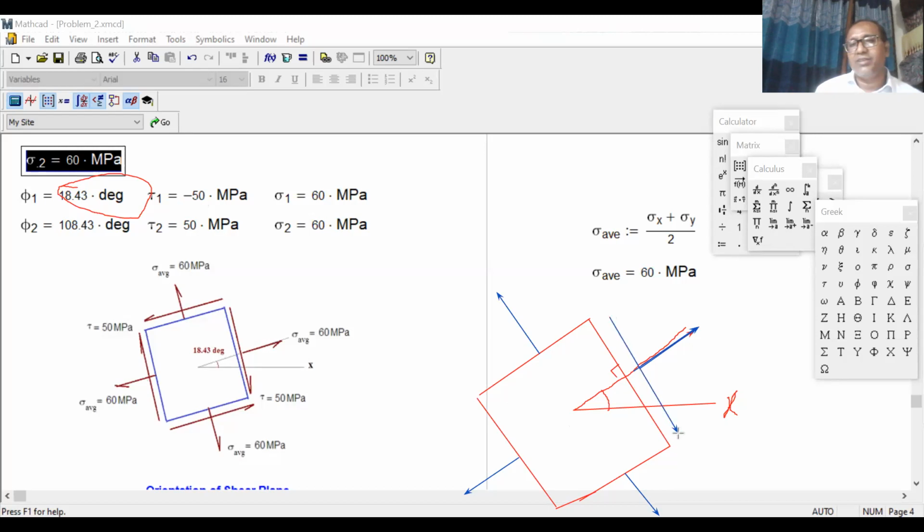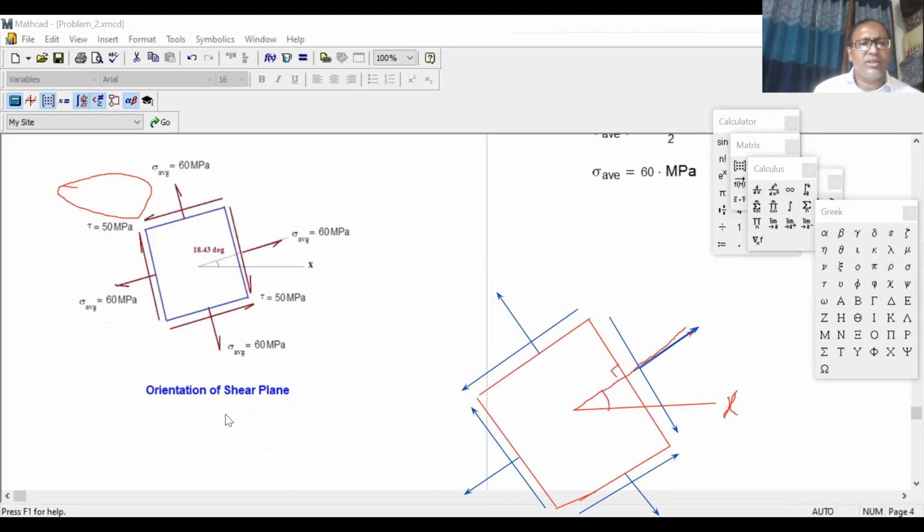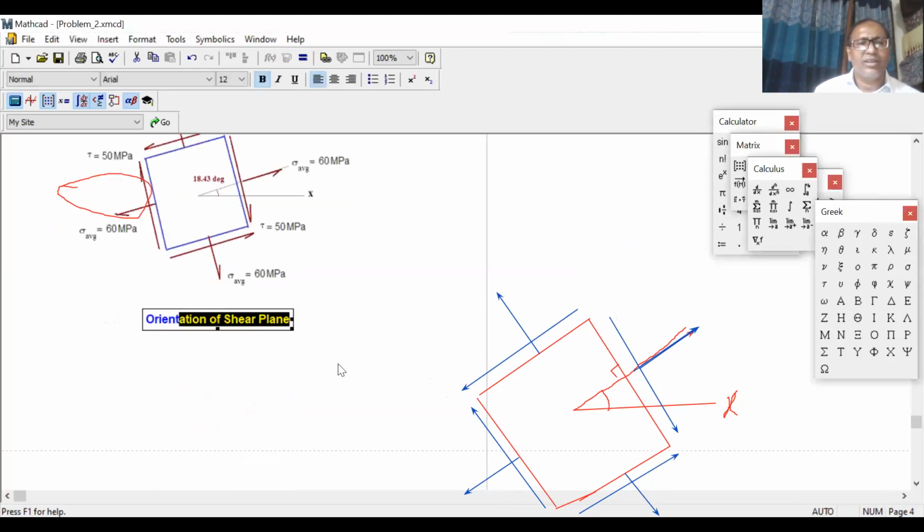You got this arrow. Obviously, the bottom one will be face to face, and this will be tail to tail, and this will be head to head. Then you write down over here tau equal to 50 megapascal. I did over here tau equal to 50. Then you just mention this is the orientation of shear plane. Okay.